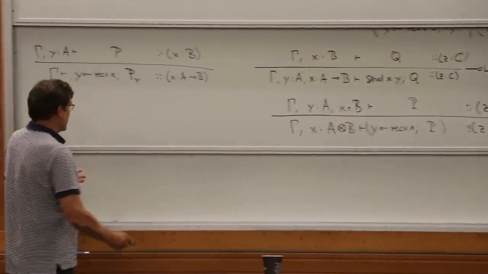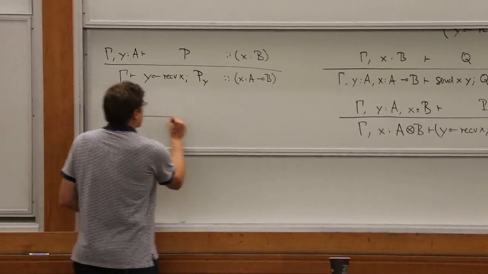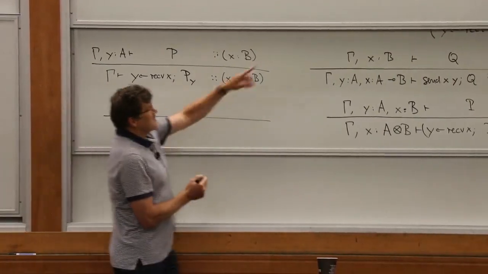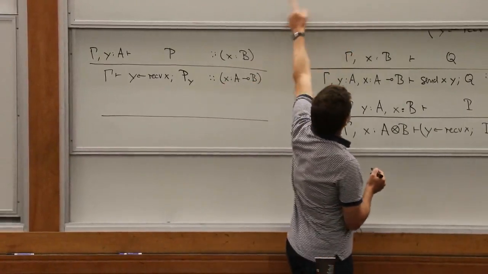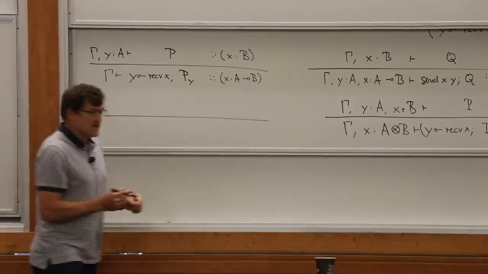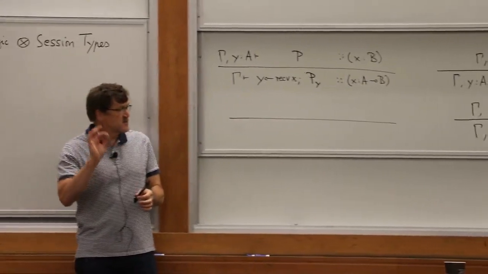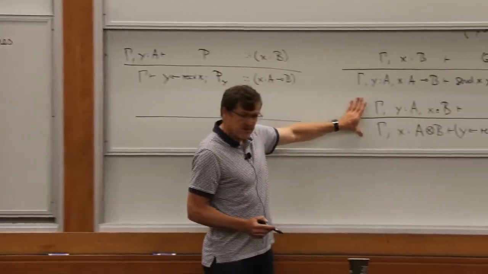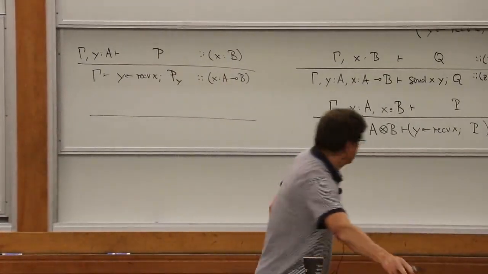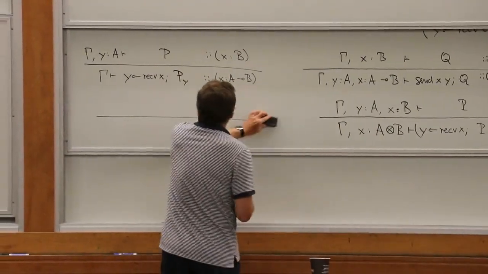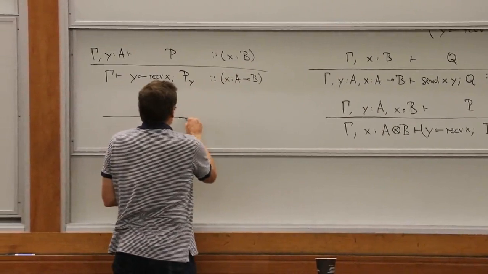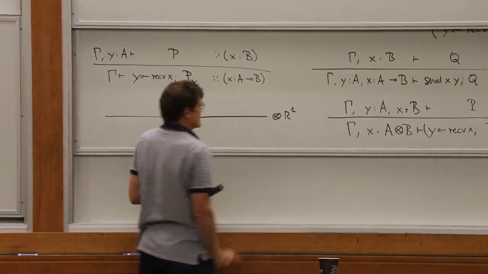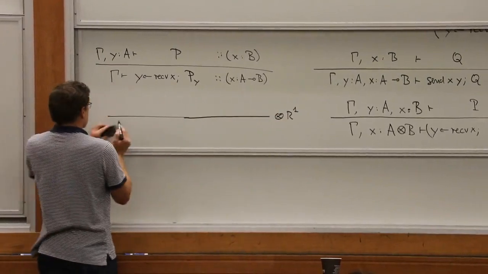Okay, so now that we have that under our belt, let's write the right rule. We would expect it to be this, but for the same reason as before, I'm going to give you a different one. The different one is going to send just a channel, because we wanted to match the receiving of a channel exactly. So the tensor right rule, which is weird because it has just one premise, looks like this.